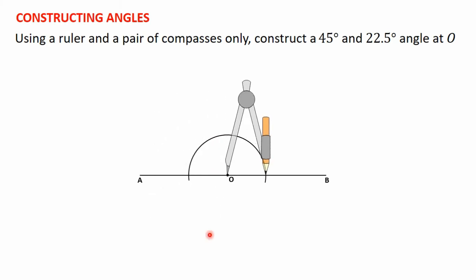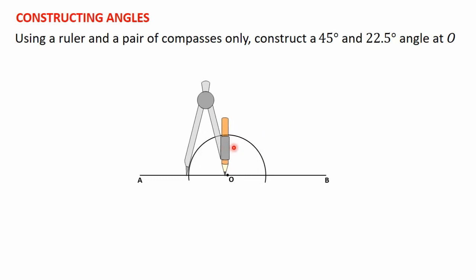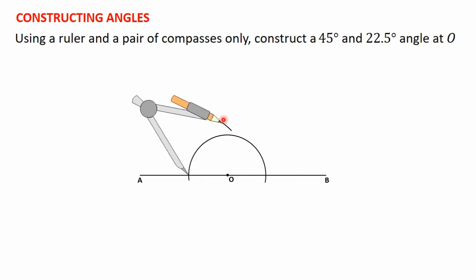Now after that, you move the needle of the compass from point O and you put it on this point, which is the first point of intersection between the semicircle and the line AB. Now after you are done with that, you adjust the compass a little bit, you turn it, and you construct an arc.